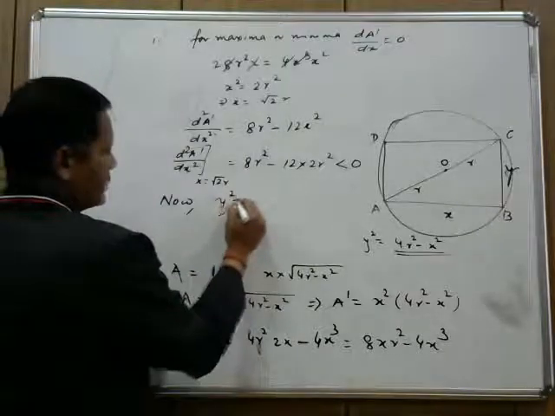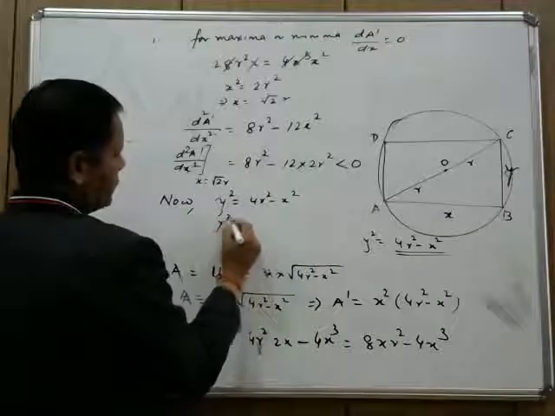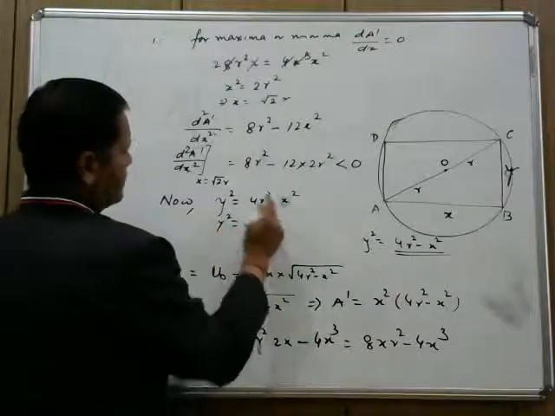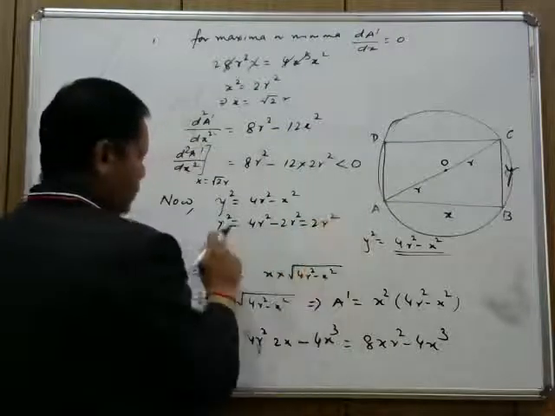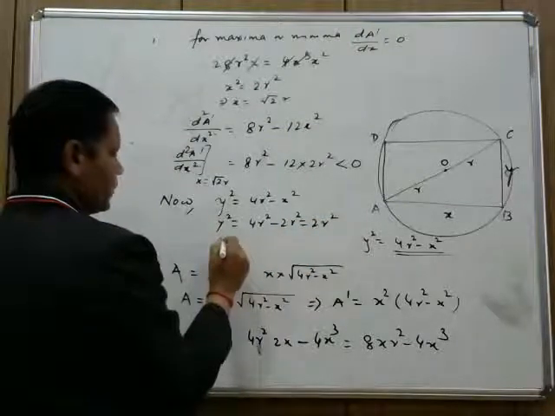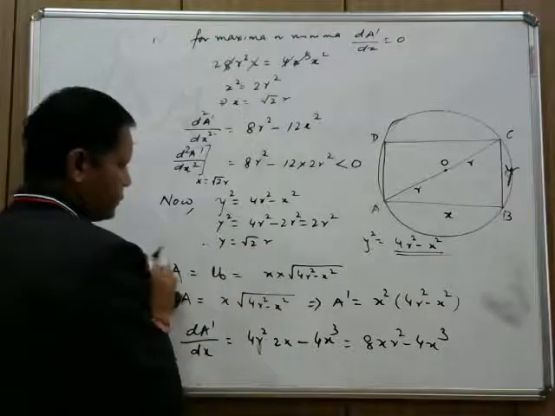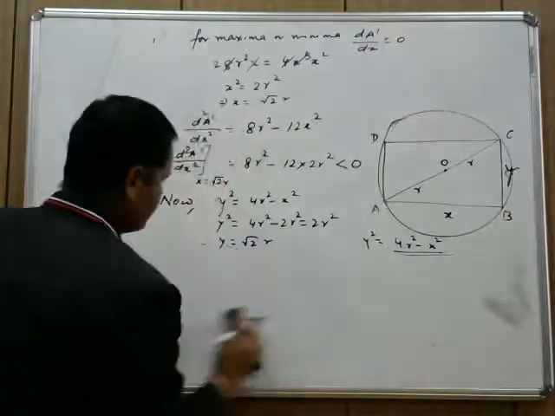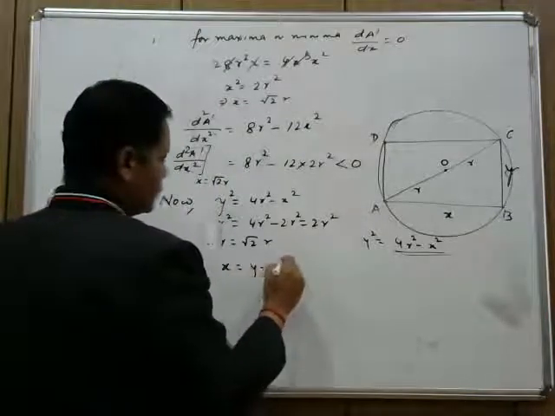We know that y square is equal to 4r square minus x square. That means y square is equal to 4r square minus 2r square, that is equal to 2r square. So y square is also 2r square. It implies that y is also root 2r. That means what we have proved, that x is equal to y is equal to root 2r.